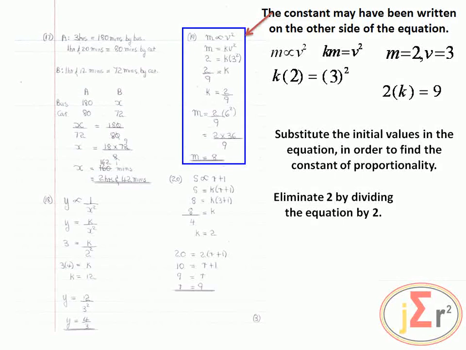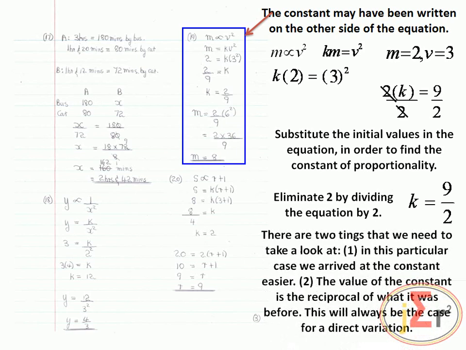Being an equation, we need to divide both sides by 2 in order to maintain the logic of the equation, that we are actually solving the same equation throughout. So we are actually solving the same equation if we divide both sides by 2, thereby eliminating 2 from the left hand side, and on the right hand side we will have k is equal to 9 over 2.